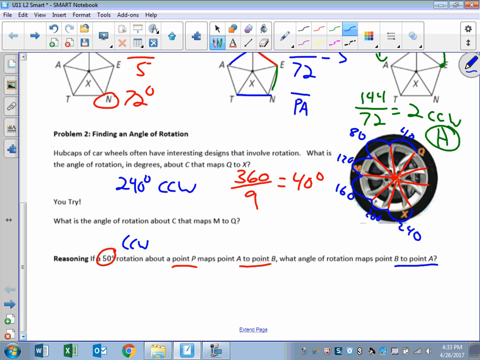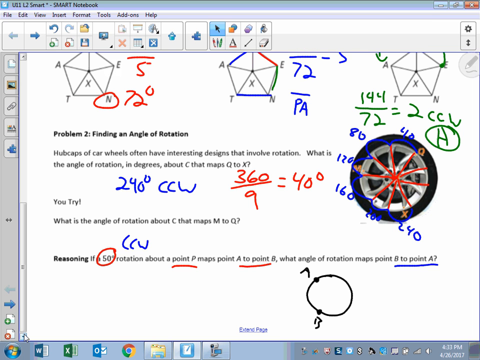So the way you find this out is, if you think about a circle, you always rotate in a circle. If from A to B is 50 degrees, when you do B to A, you can't go back the same direction because we always go counterclockwise.